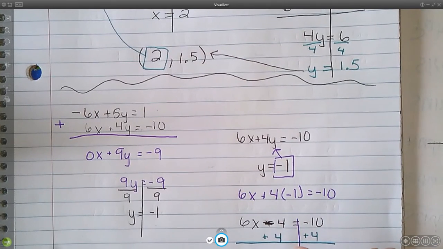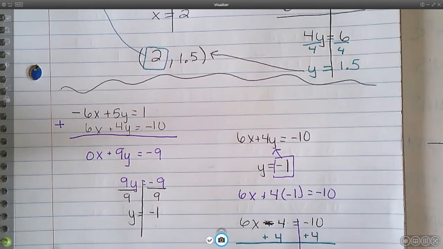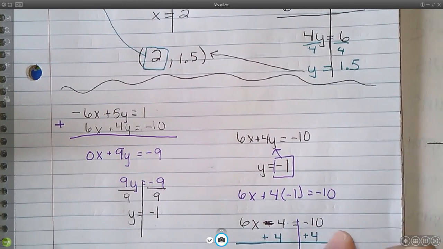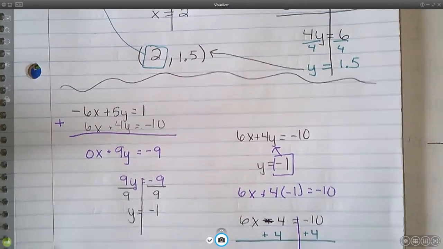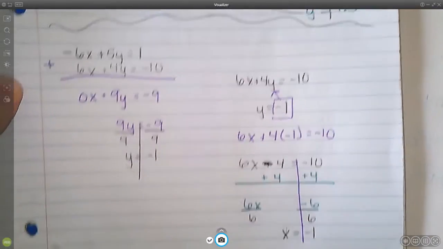Bring down the 6x. Negative 4, positive 4 cancel out. Negative 10 plus 4 is negative 6. Then we divide both sides by 6, and we end up with x equals negative 1. Oops, sorry.